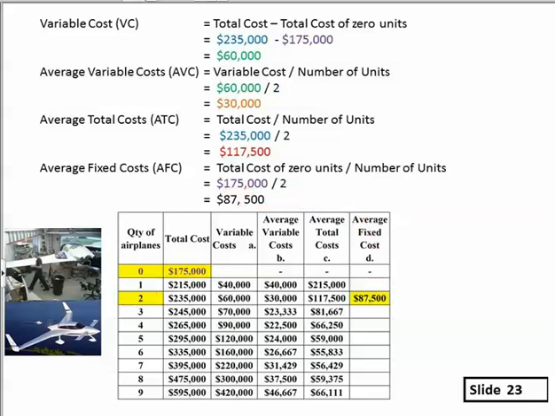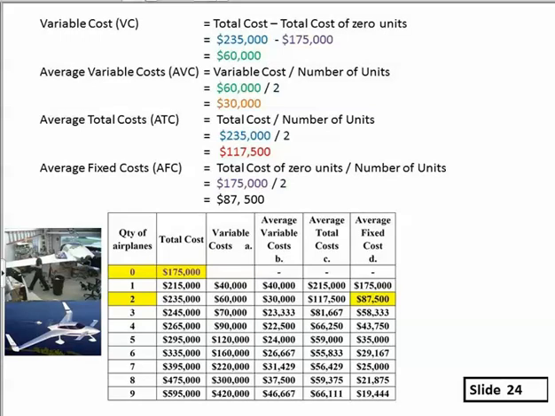Computing the entire column the same way, we're just dividing a different number into the fixed cost. So if we were to take 7, divide it into the fixed cost, then our average fixed cost when we produce 7 units would be $25,000.